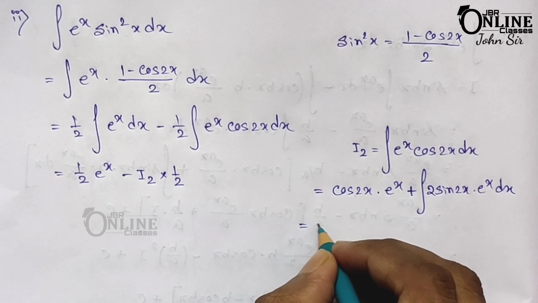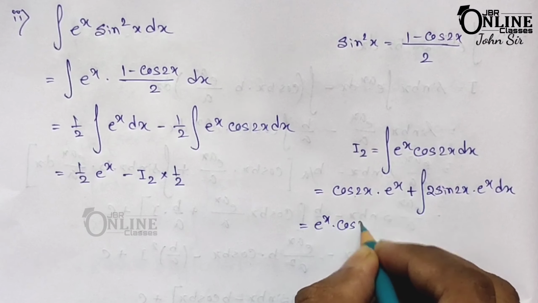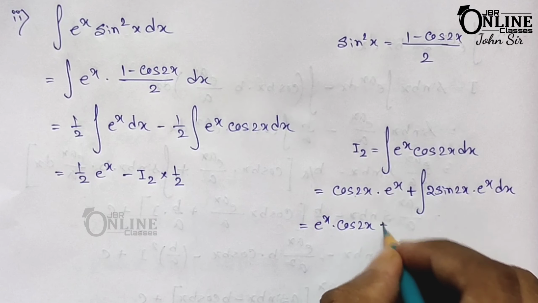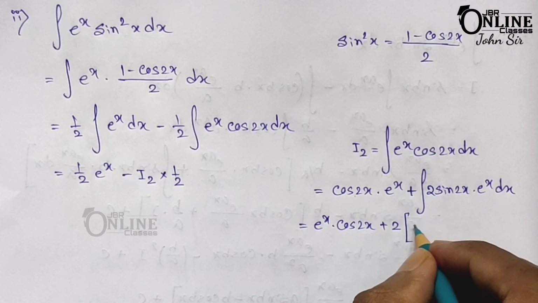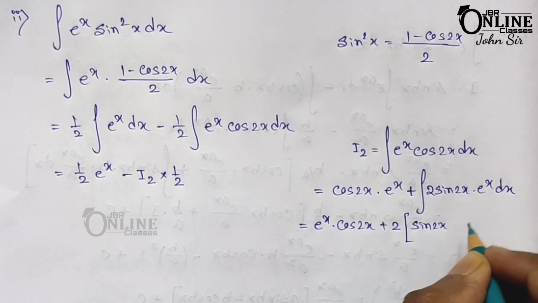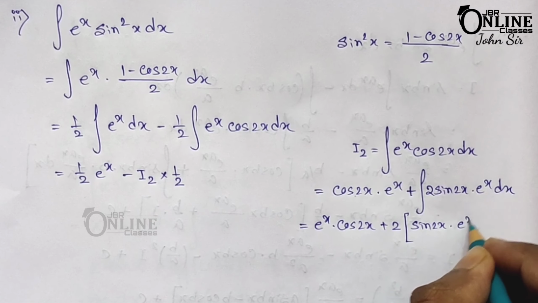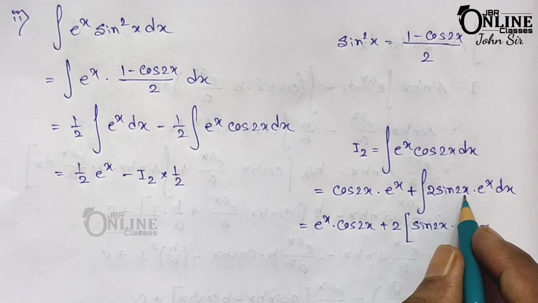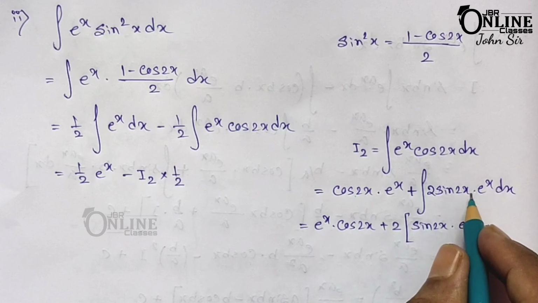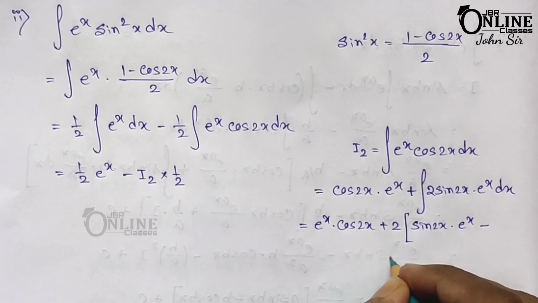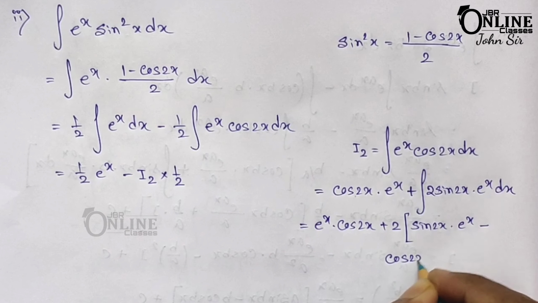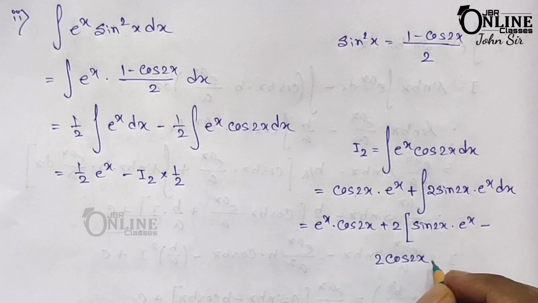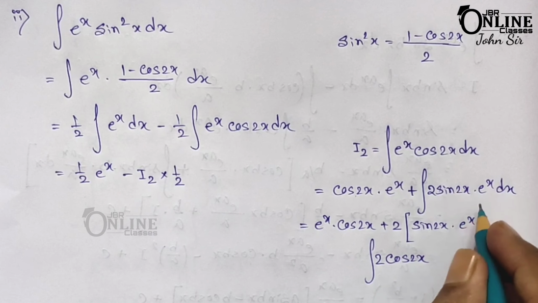So now that equals e to the power x cos 2x, then plus 2. So first write down sin 2x and then integration e to the power x, it will be e to the power x, minus now d/dx of sin 2x, which will be cos 2x into 2, and then integration e to the power x, it will be e to the power x dx. Okay, so I hope it's clear.